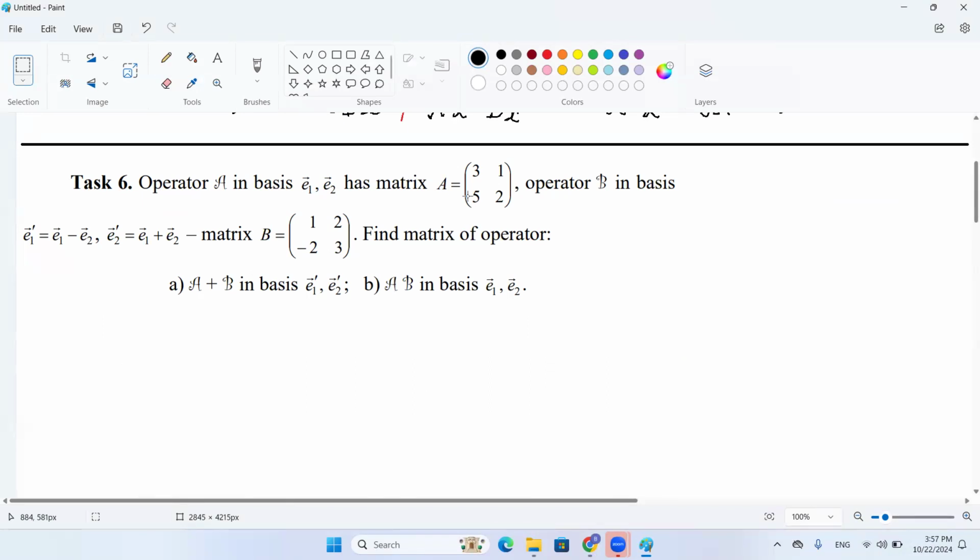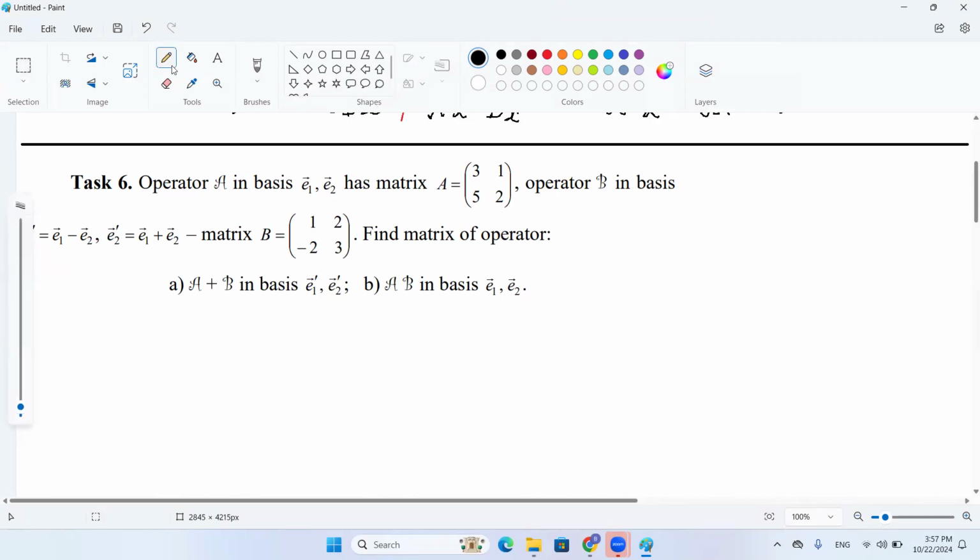And operator B in basis E1 prime, E2 prime, also given in matrix form. And we have to find the matrix of operator A plus B in basis E1 prime, E2 prime. So for now, let's solve part A, and B if we have time for that. So the first question, how to solve?